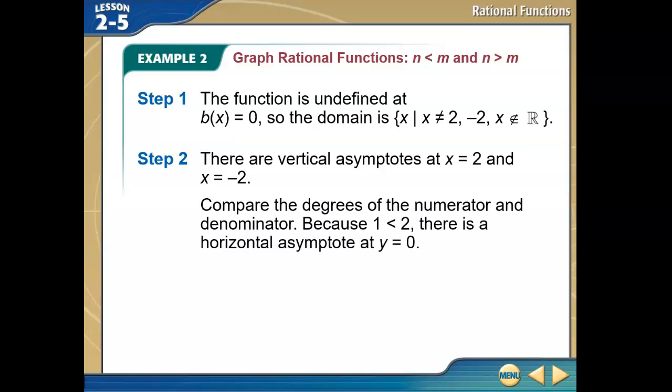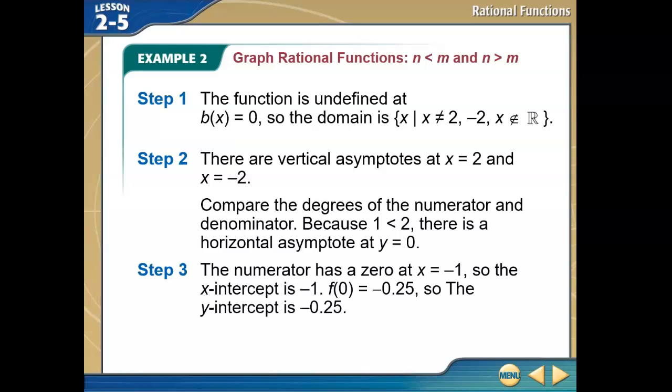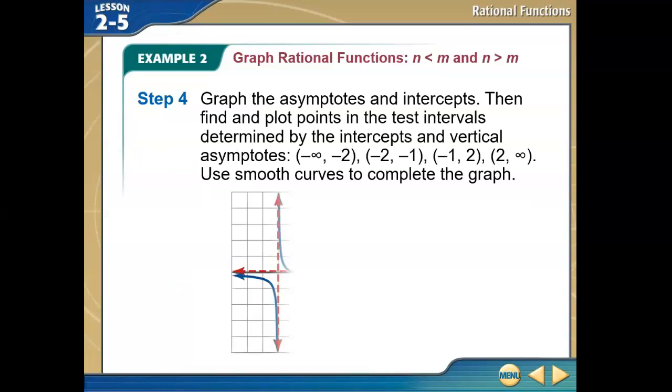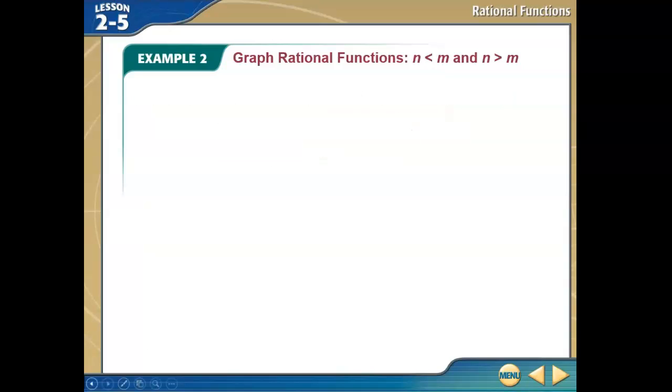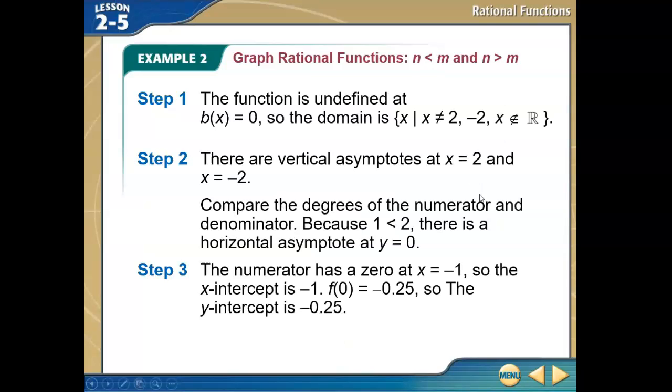Compare the degrees, because there is a horizontal asymptote at y equals 0, so we have no x-intercepts. Numerator has a 0 at x equals negative 1, so the x-intercept is negative 1. So y-intercept is negative 0.25. Hang on a second. Where did I do my math wrong then? Degrees.